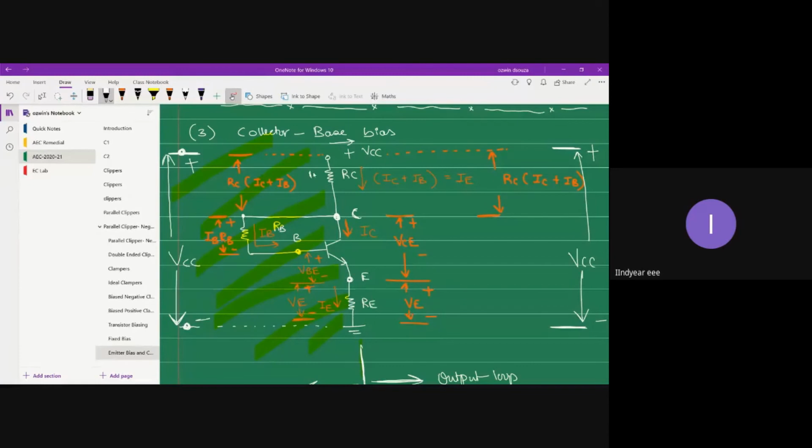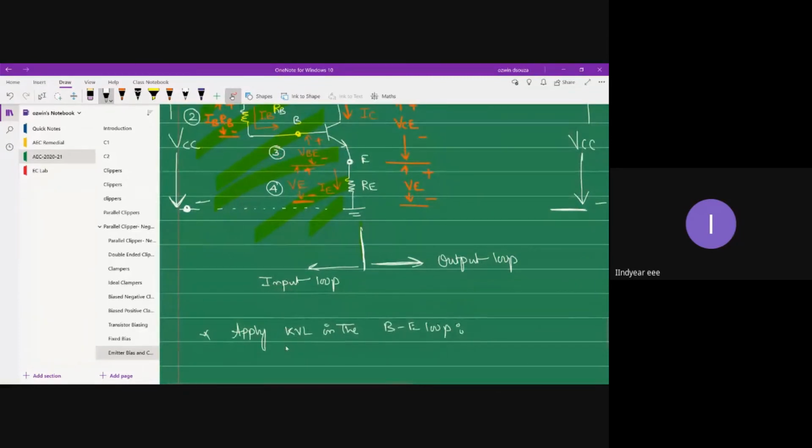So you have the first drop here, the second drop here, and the terminal potential between B and E over here, and finally you have your emitter to ground potential.